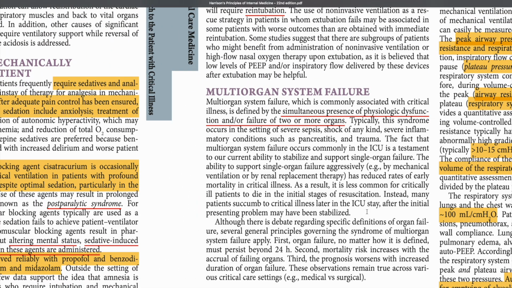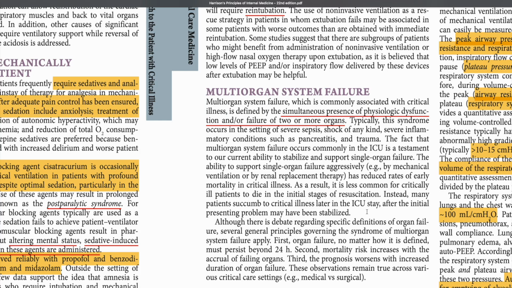Next, we see about multi-organ system failure. It is defined as progressive dysfunction of more than two organ systems after an acute insult. The most common causes are sepsis, ARDS, and shock.